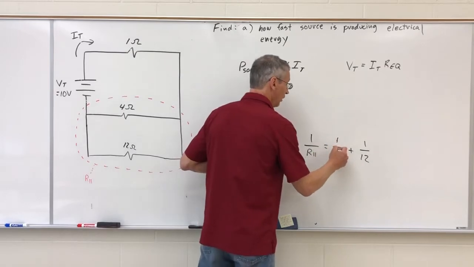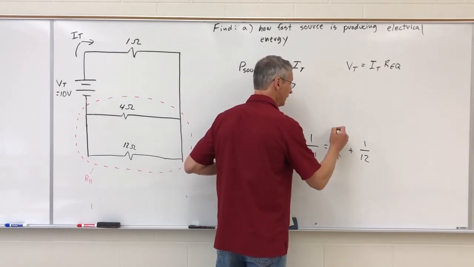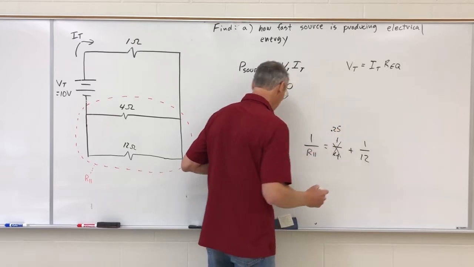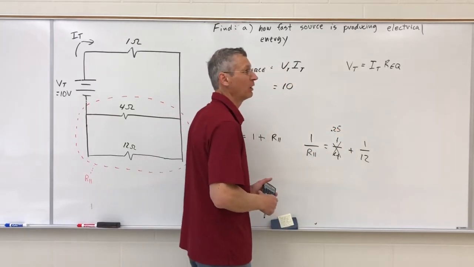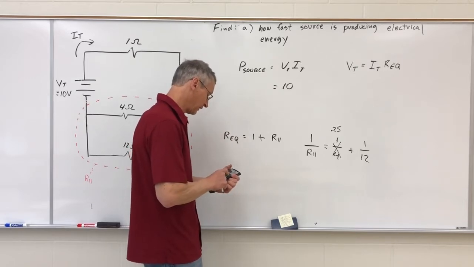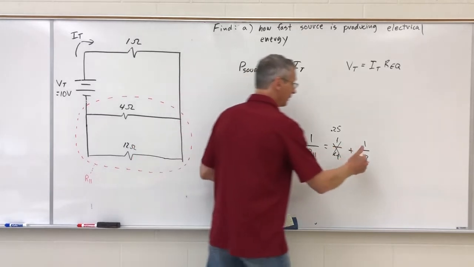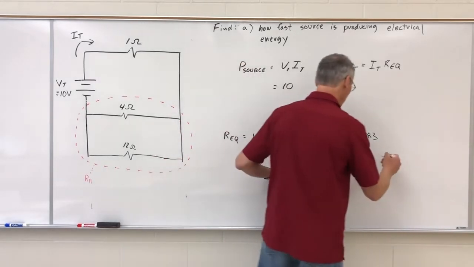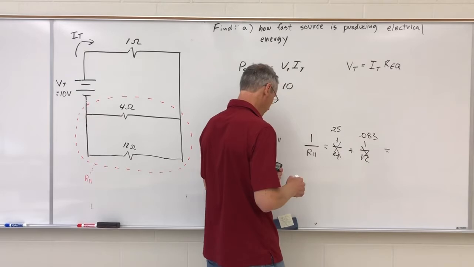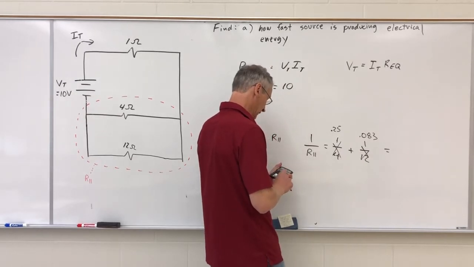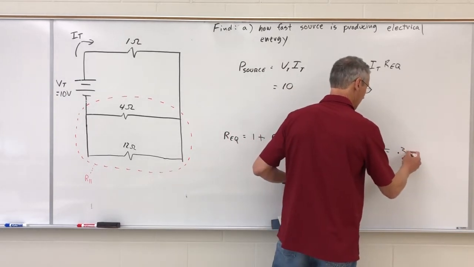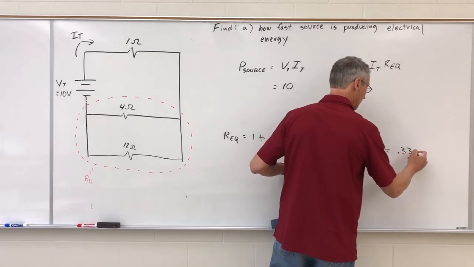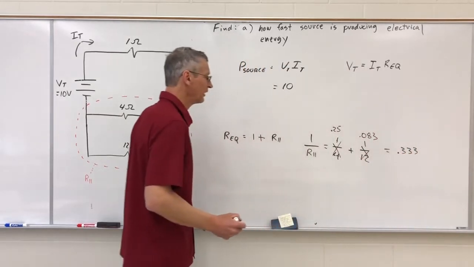So 1 divided by 4 is a quarter. 1 divided by 12, better figure that out on a calculator. 1 divided by 12 is the same as 0.083. So 0.25 plus 0.083 comes out to that much.